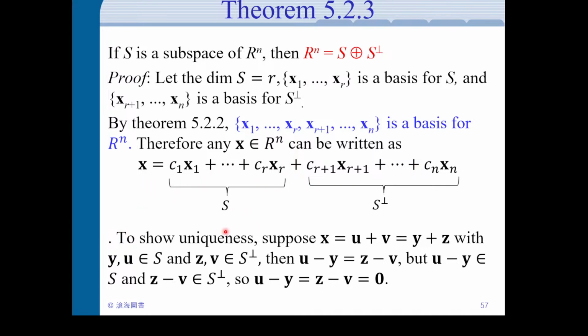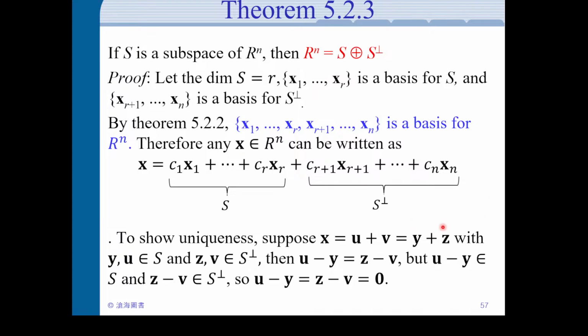Because we already have a basis here, anything inside Rn can be written as a linear combination of the things inside it. This part is inside S, and this part is inside S perpendicular. So we have X equal to something inside S plus something inside S perpendicular.